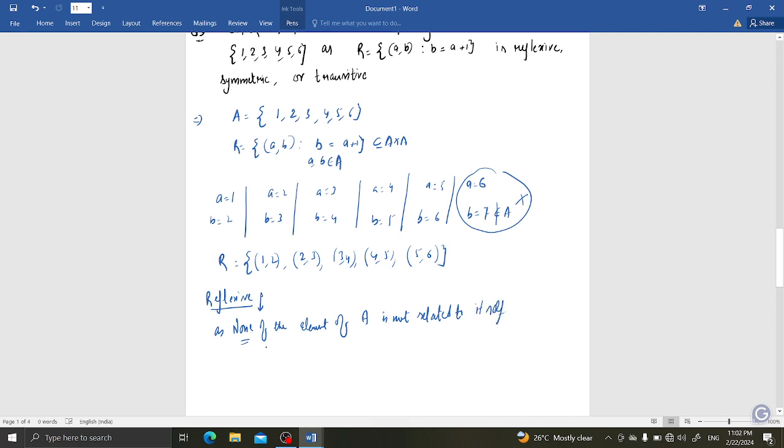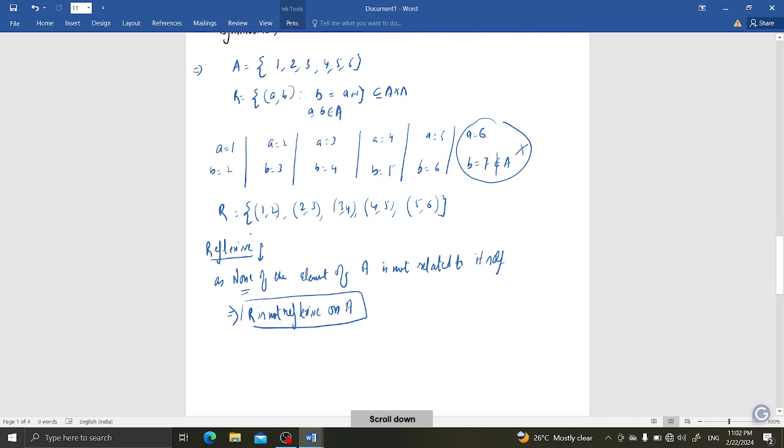So this implies R is not reflexive on A. Okay, similarly you can observe that (1, 2) is there but (2, 1) is not there, (2, 3) is there but (3, 2) is not there.